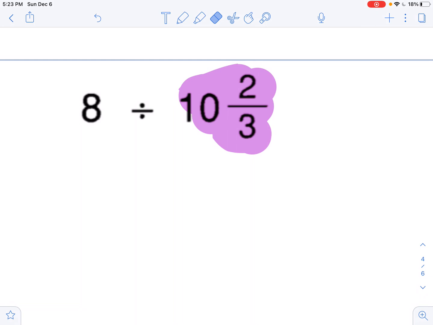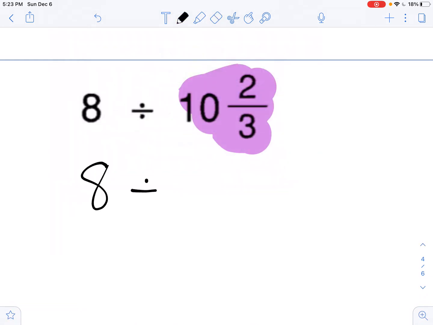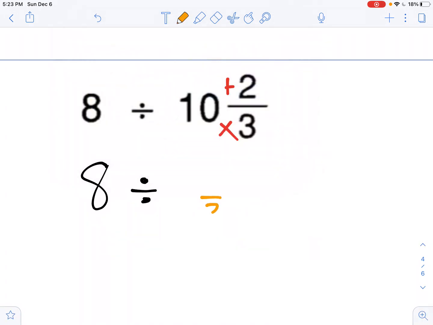So before I can find the reciprocal, I need to rewrite this problem. 8 divided by, or split into, instead of 10 and 2/3, I'm going to make it mad. So I'm going to multiply, add, the denominator stays the same, so that's thirds. This isn't too tricky. 3 times 10 is 30, plus 2 is 32. So 32 is on the top.